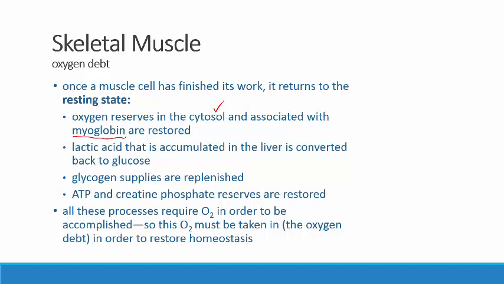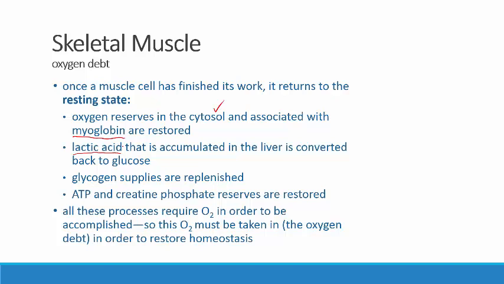If we had to go into anaerobic respiration and there's been production of lactic acid, remember that was the side product of doing respiration without oxygen, where we only got 2 ATP molecules and a lot of lactic acid was produced. Well, all that lactic acid has to be returned to the liver, and it can be converted back into glucose.